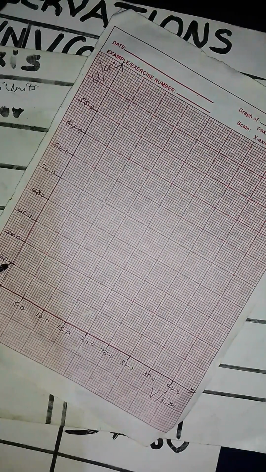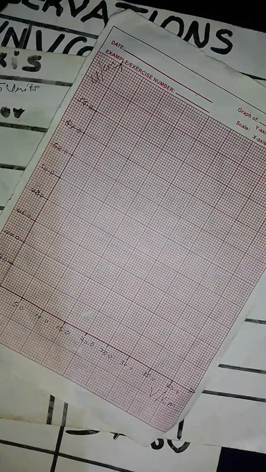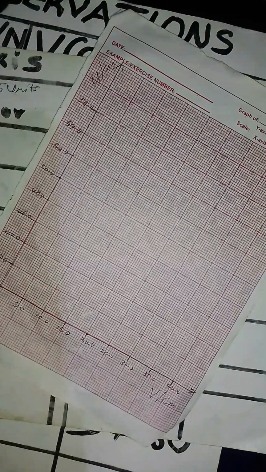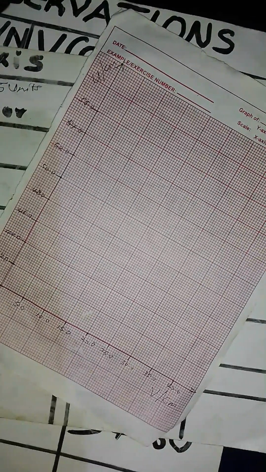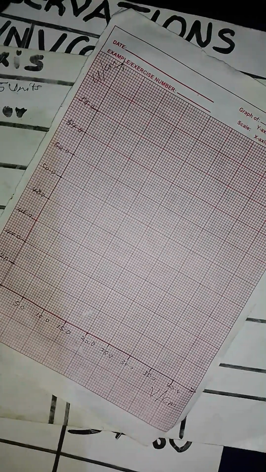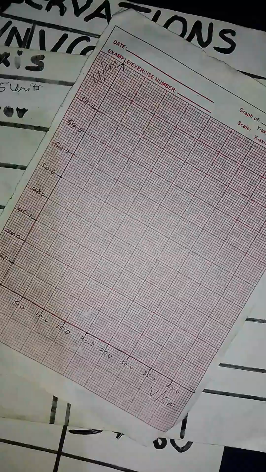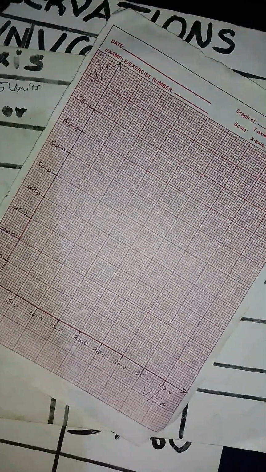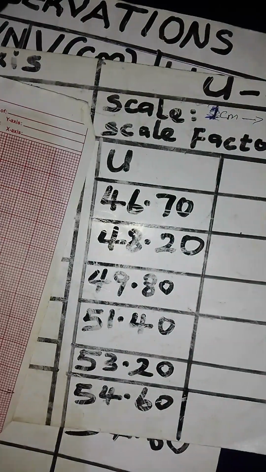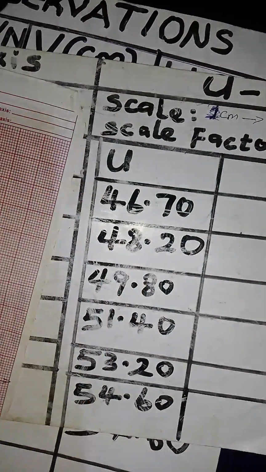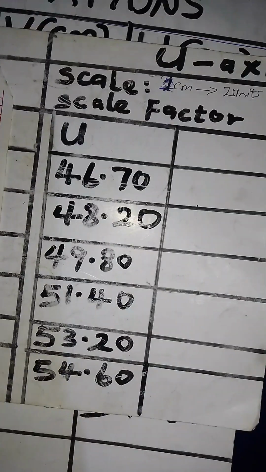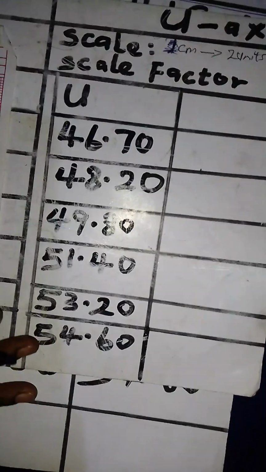So use that 10 to divide 2, because from 40 to 42 is 2. 2 divided by 10 gives 0.2. It is that 0.2 you'll be using throughout. So divide by 0.2.